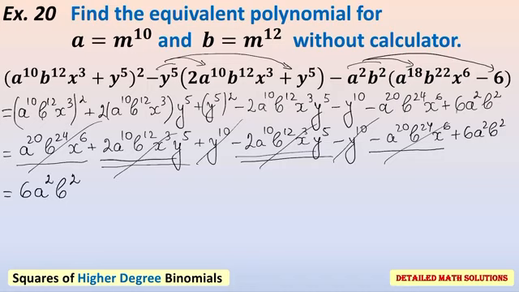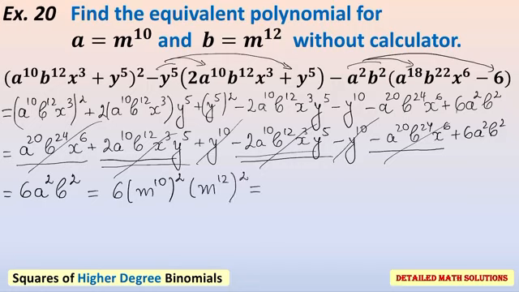As a next step, I can substitute a with m to the 10th power and b with m to the 12th power. And when I do that, I get 6 m to the 10th power squared multiplied by m to the 12th power squared.